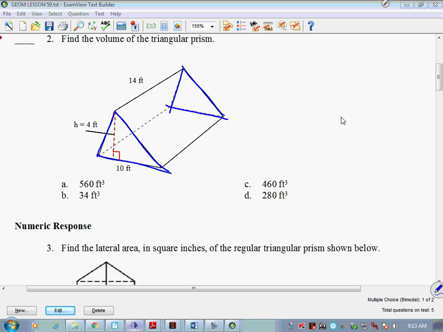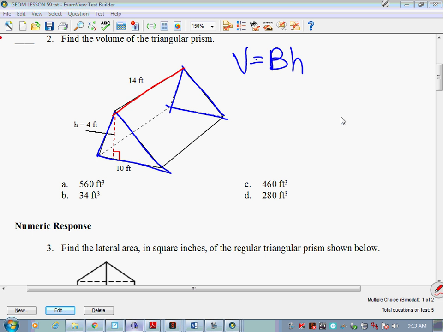So the base here is actually my triangle. So in order to find the volume of this, it is the area of the base polygon times the height. So my blue triangle here is my base polygon, and my height is right there.